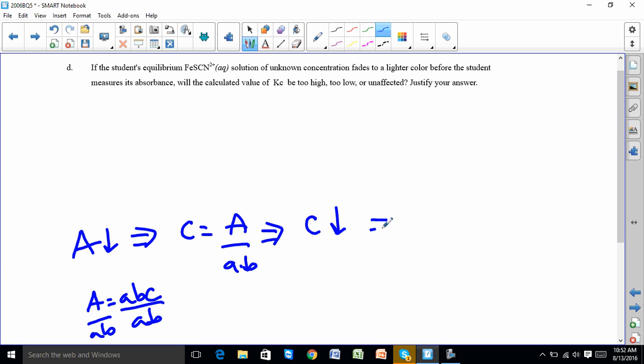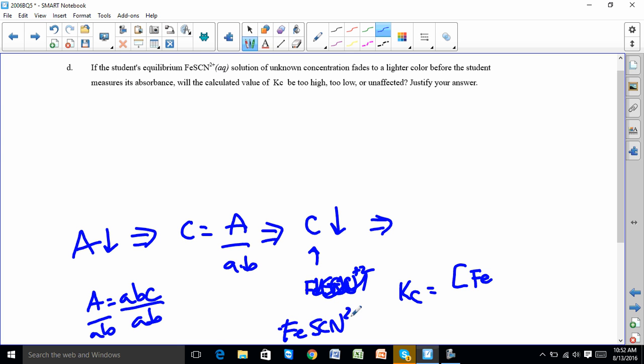And if C is too low, remember Kc equals the concentration of the red stuff, which is this stuff. Sorry, FeSCN plus 2. This is what we're measuring. Remember, if you remember doing this lab, the two reactants are colorless, but then when you put them together, you make a colored solution, and over time this will fade.